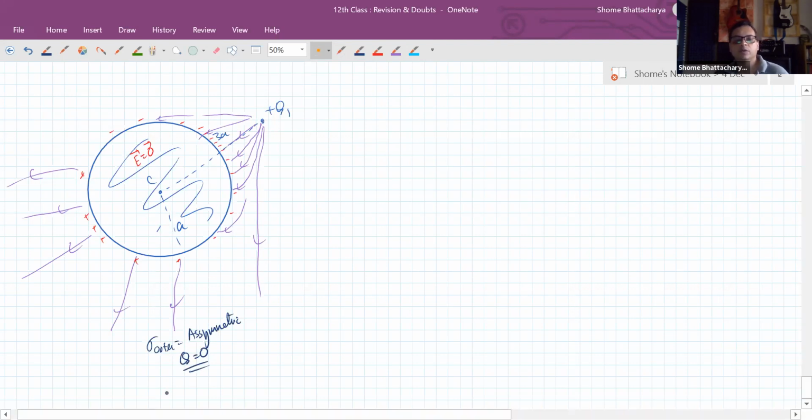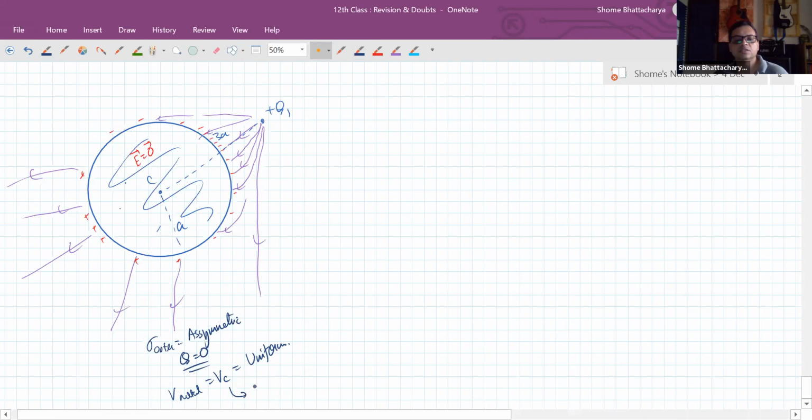But the potential of the metal will become constant, or rather uniform, at every point. So whether I take a point here or here or here, wherever inside the metal, the potential is the same as the potential at just inside the surface.